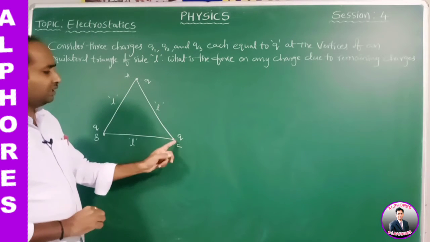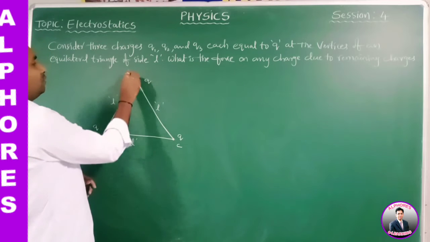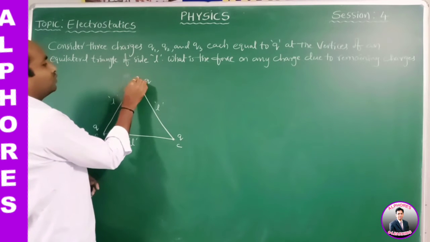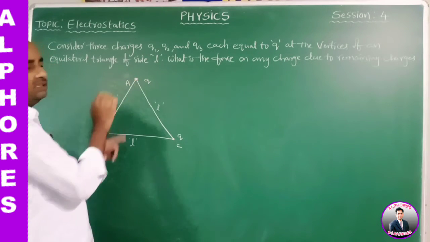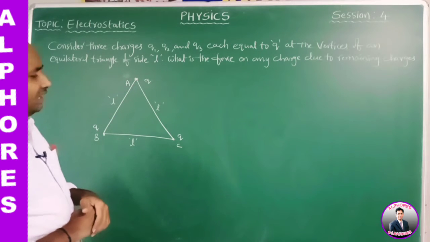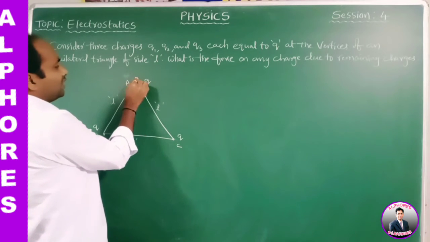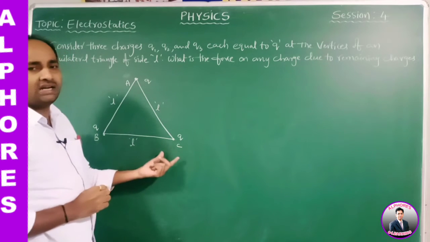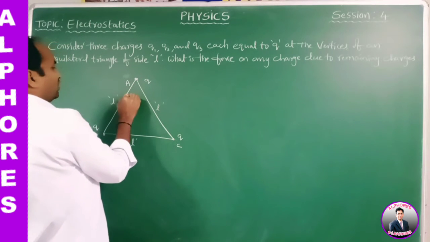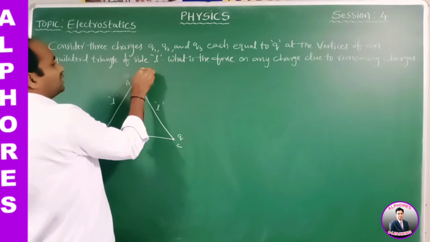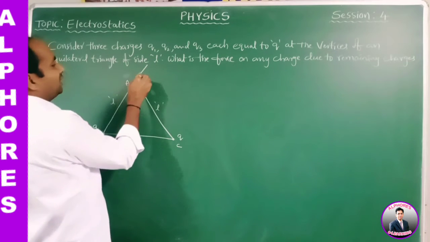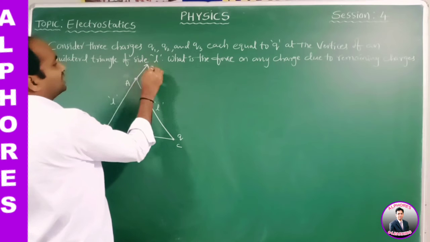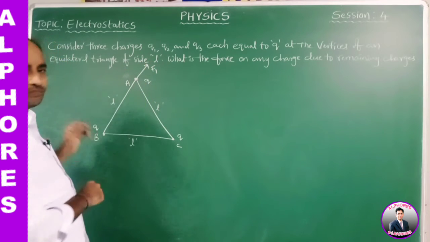For example, here we calculate the force acting on the charge Q kept at the point A. Obviously the charge at A is repelled by the 2 charges at B and C. The repulsive force acting on the charge Q at A due to B is along this direction. Let it be F1.